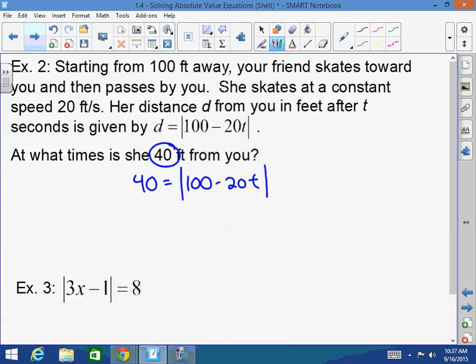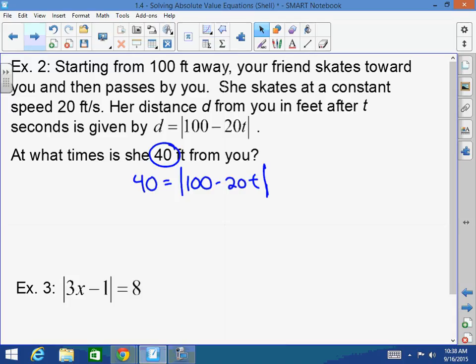Is the absolute value alone? Yes. Is there anything being added to it? Is there anything subtracting from it? Is there anything being multiplied to it? Is there anything being divided by it? So, is the absolute value alone?